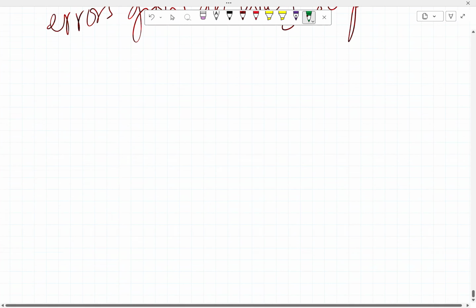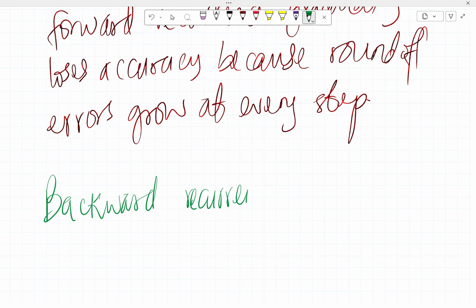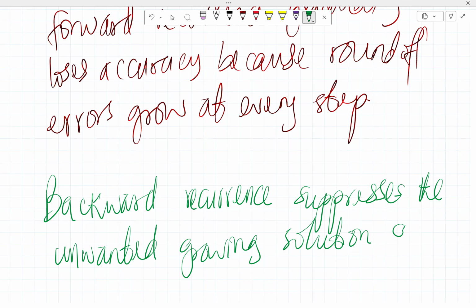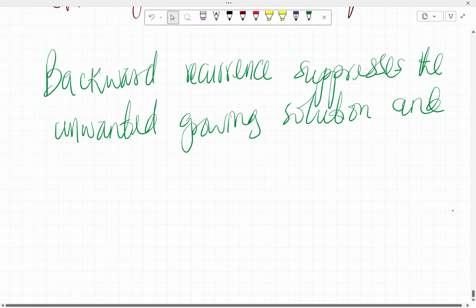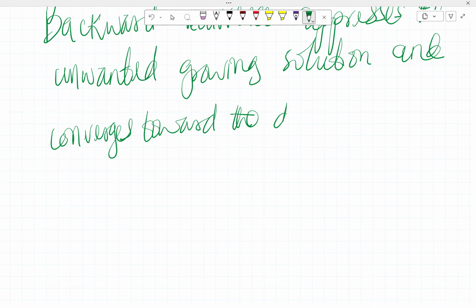Then backward recurrence suppresses the unwanted growing solution and converges toward the desired Bessel solution.